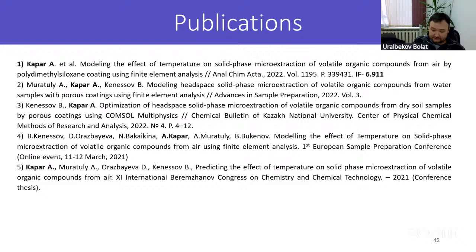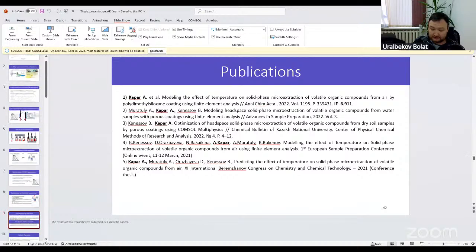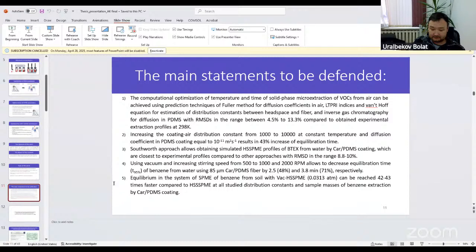My first question is about your second statement. If you will show the second statement, your second statement is saying that increasing the distribution constant from 1000 to 10,000 at constant temperature, and you choose a diffusion coefficient of 10 to the minus 11, results in an increase of equilibration time of 43%.